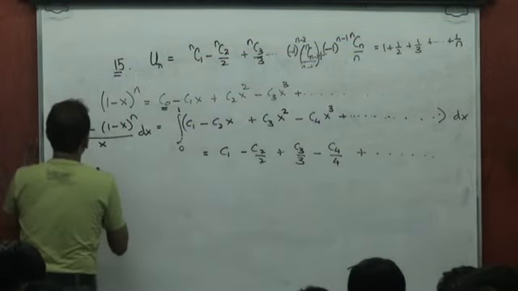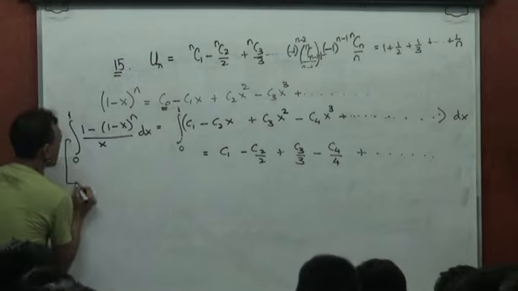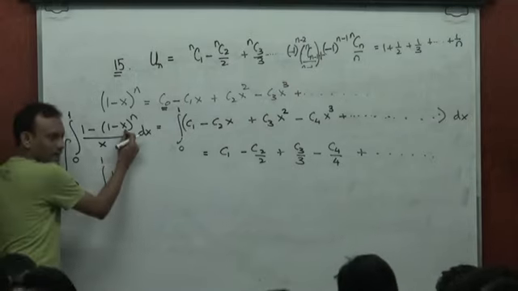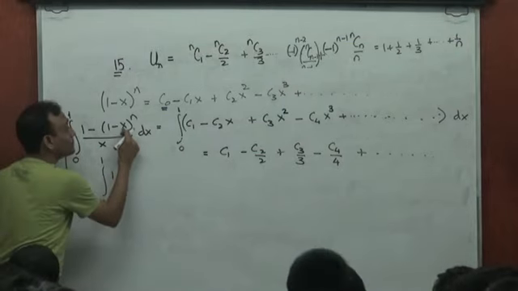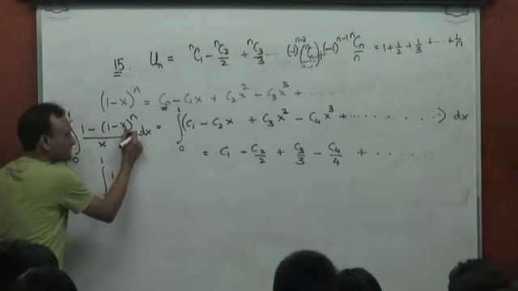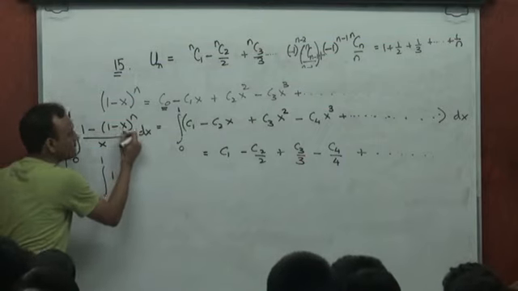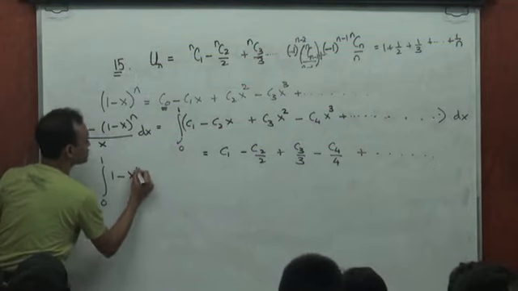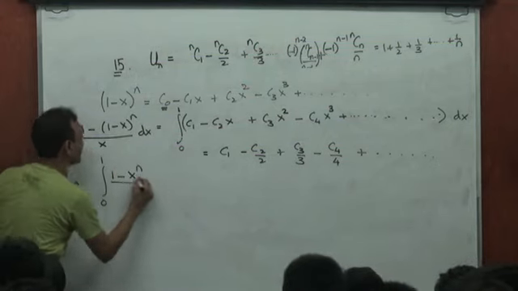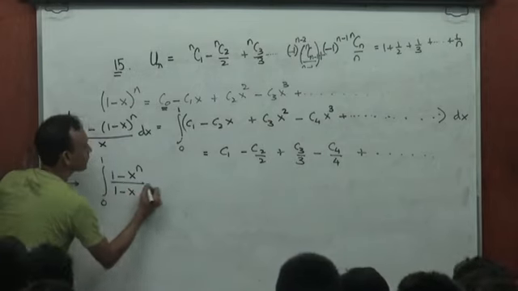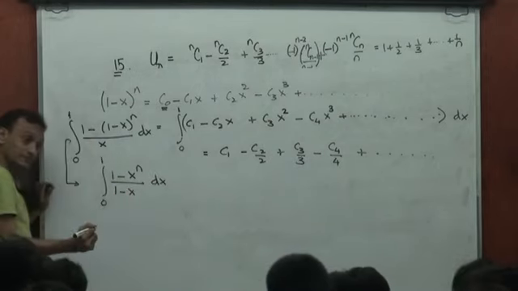So, when I replace x by 1 minus x, this becomes 1 minus (1 minus x), so simply x. Replacing x by 1 minus x, that will simply be x, (1 minus x) to the power n, divided by this x also replaced by 1 minus x. This is the left hand side.